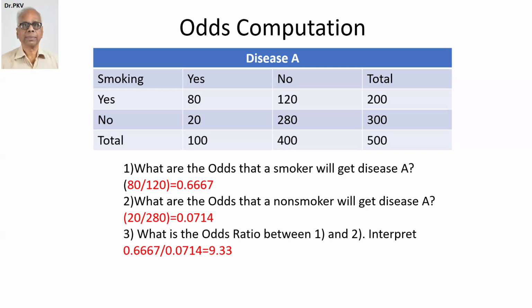Very high. Therefore, if somebody is a smoker and you have the medical data, you tell the person, my dear friend, you stop smoking or reduce your smoking, because the odds that you will get the disease is 9.33 times that of a non-smoker getting the disease. In other words, you are 9.33 times more vulnerable as a smoker getting the disease compared to the non-smoker.